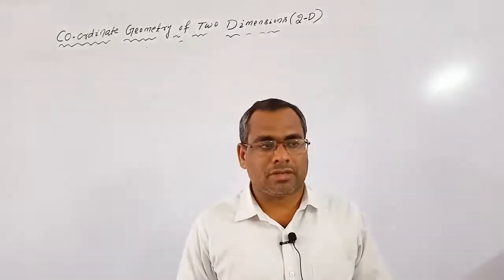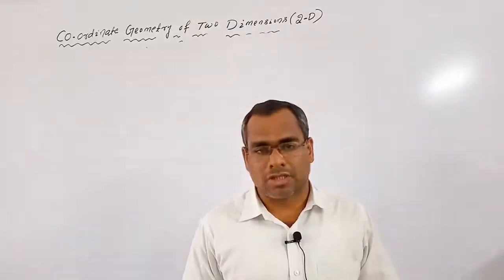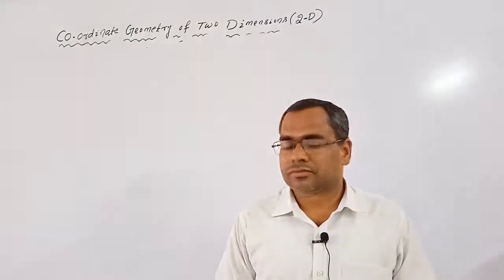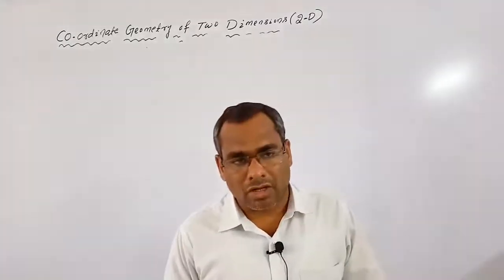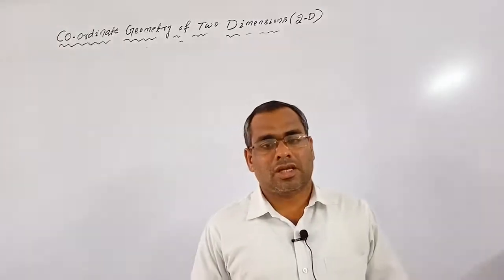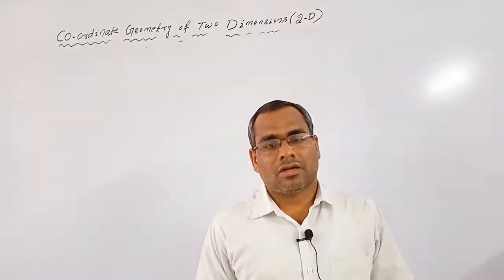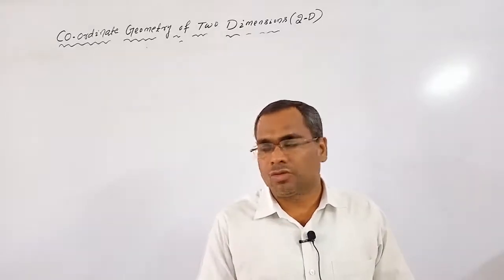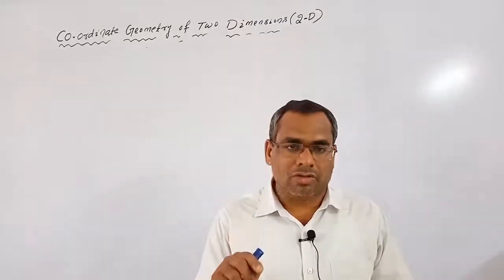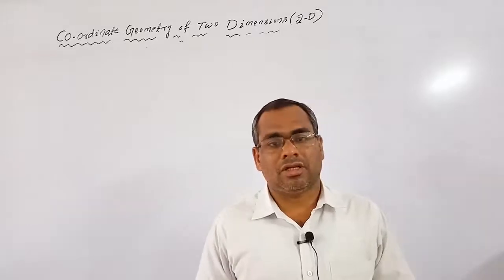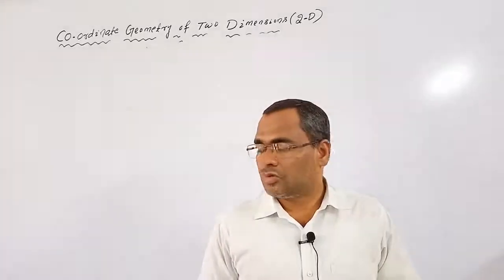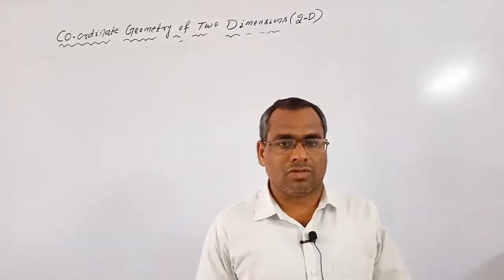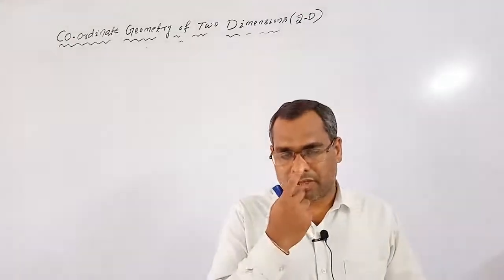The distance of the point P(x, y) from the origin is the root of x square plus y square. The area of a triangle whose vertices are (x1, y1), (x2, y2) and (x3, y3) is half into x1 into (y2 minus y3) plus x2 into (y3 minus y1) plus x3 into (y1 minus y2).